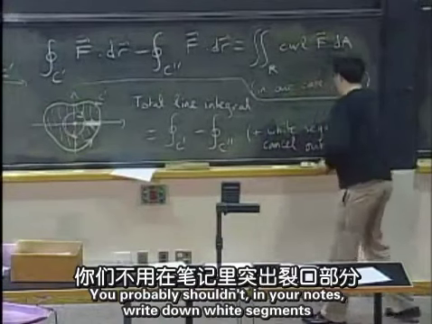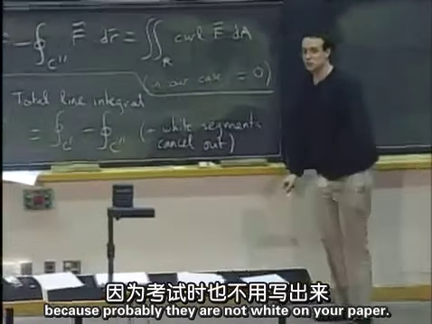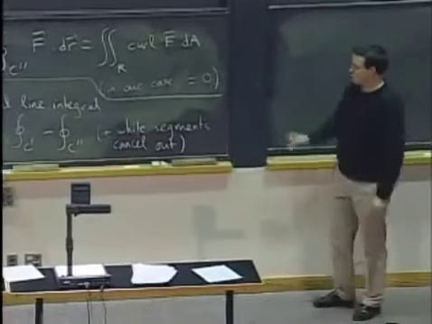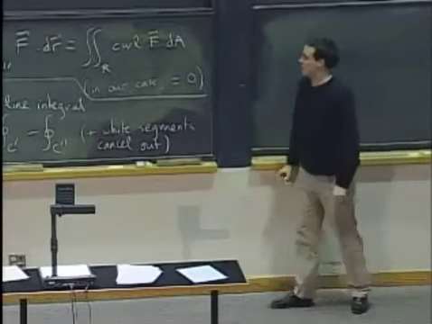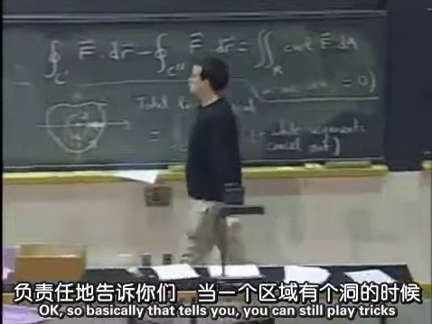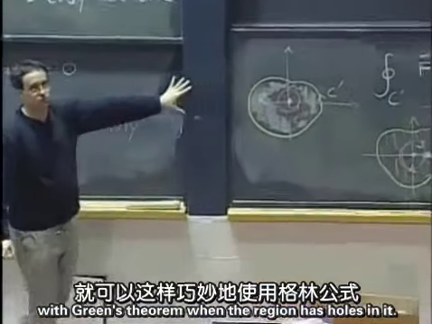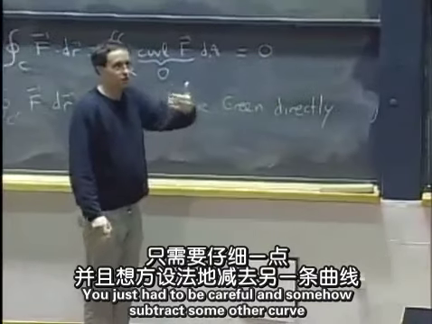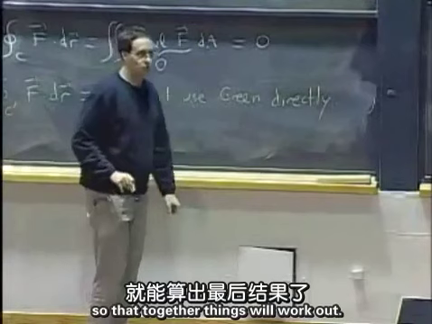You probably shouldn't, in your notes, write down white segments because probably they're not white on your paper, but hopefully you get the meaning of what I'm trying to say. Okay, so basically that tells you you can still play tricks with Green's theorem when the region has holes in it, just you have to be careful and somehow subtract some other curve so that together things will work out.